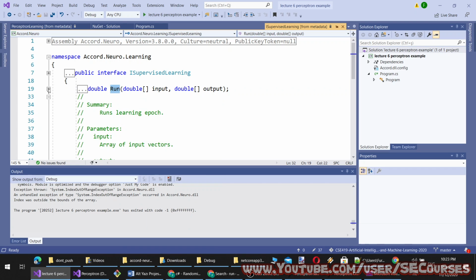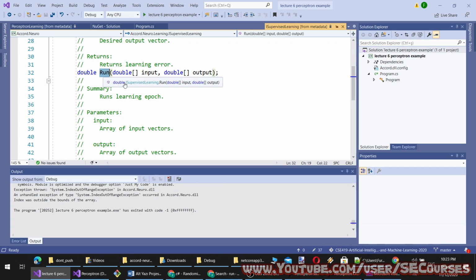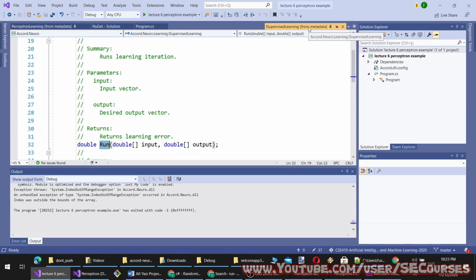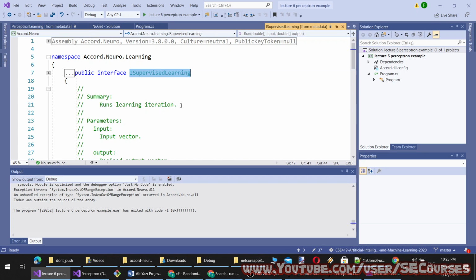And the definition is coming from supervised learning interface.